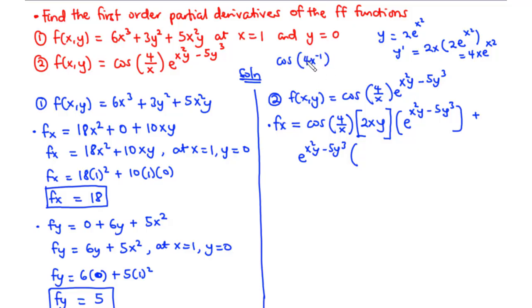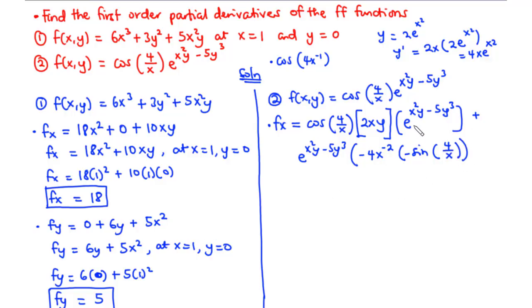So when you differentiate this with respect to x, then basically you want to differentiate what we have in the bracket, so that becomes negative 4x raised to the power negative 2, and then when you differentiate cos, you have negative sign, so negative sine of 4 over x.